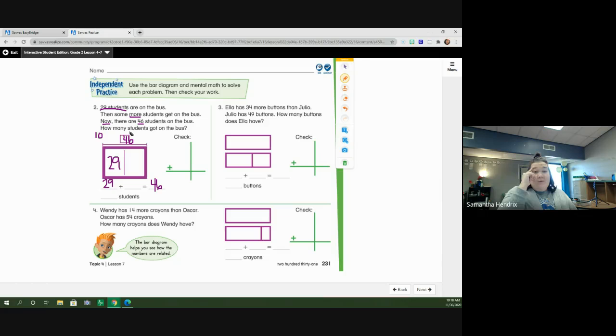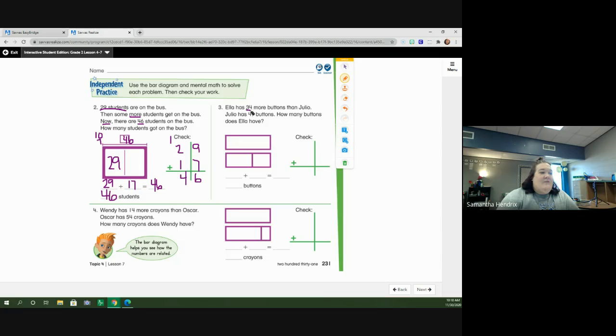Then I'm going to go 40, 41, 42, 43, 44, 45, 46. Well, 7. So we added 17. So now we're going to check it. To check, we're going to write 29 plus 17. 9 plus 7, 16, 2, 3, 4. So we are correct. 46 students.